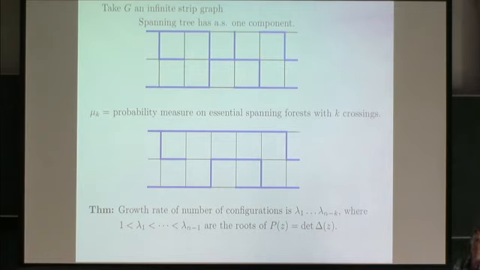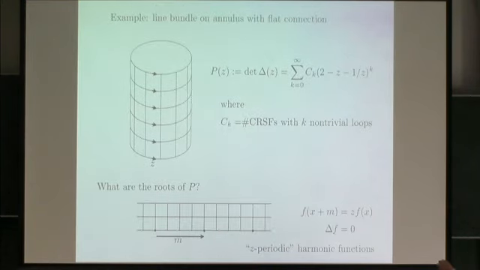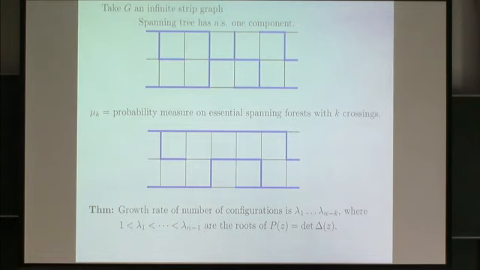This is a non-trivial fact. By their nature, for every root lambda, there's a root 1 over lambda. That's because p has this reciprocal form. For every root z, 1 over z is also a root. But if you look at just the roots which are bigger than 1, they're all distinct.